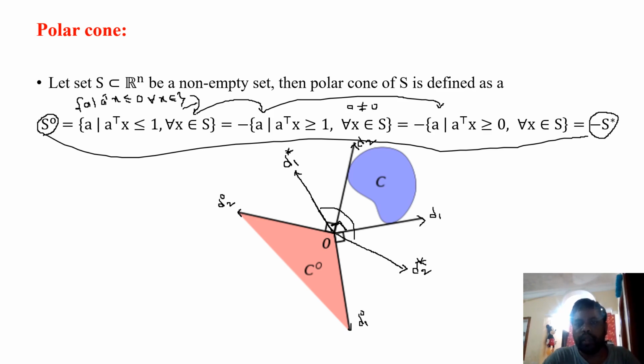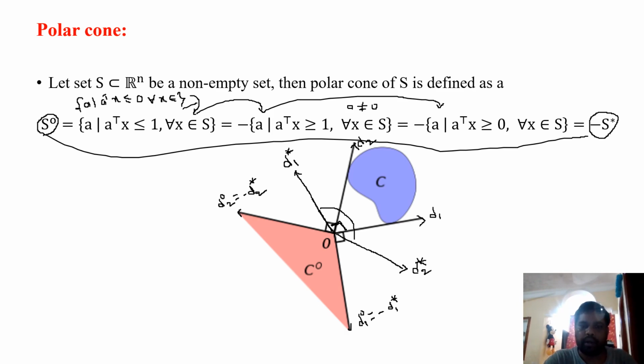So d2 naught is just the negative direction of d2 star. Here it doesn't look like that, but it is the negative direction of d2 star, because both d2 naught and d2 star are perpendicular to d2, and d1 naught is just the negative direction of d1 star. So this is the criteria for defining the dual cone and polar cone.